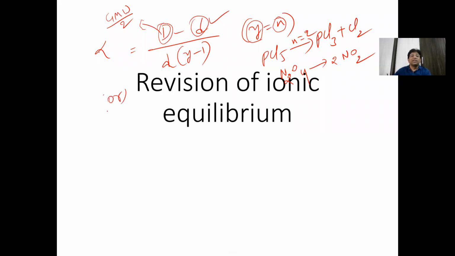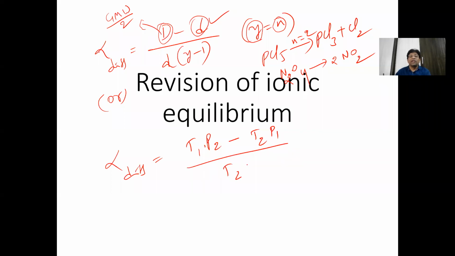The same alpha dissociation is also taken with one more formula: alpha equals (T1P2 minus T2P1) by T2P1. That is, the initial temperature into final pressure minus final temperature into initial pressure, divided by T2P1.